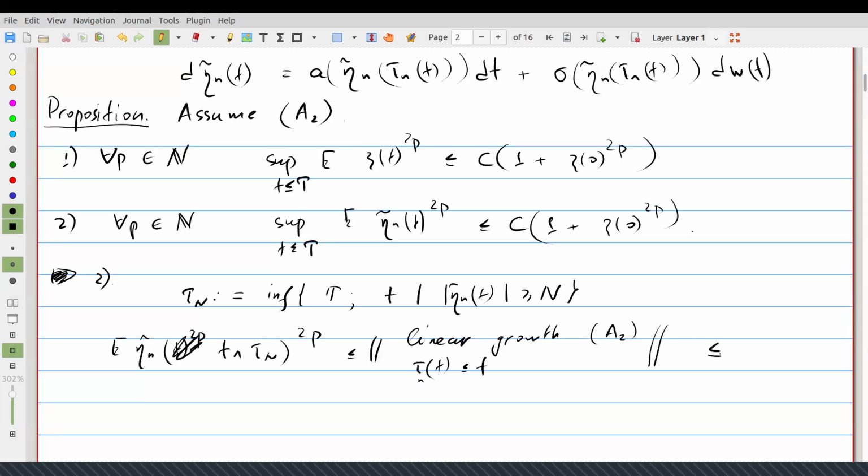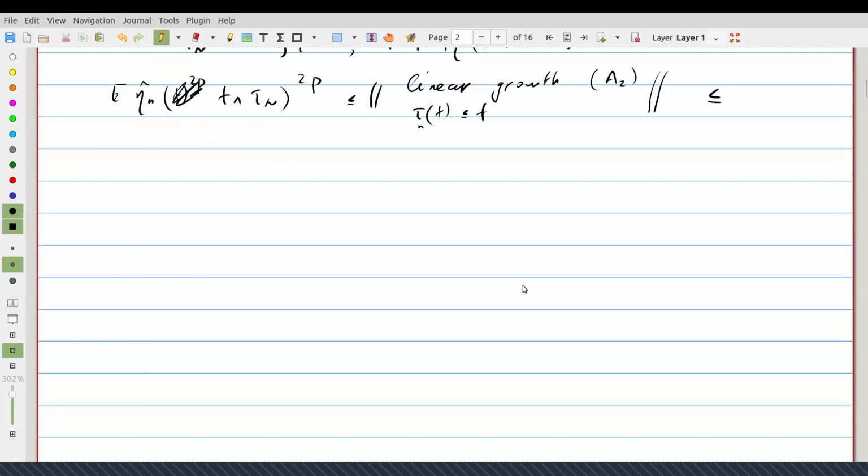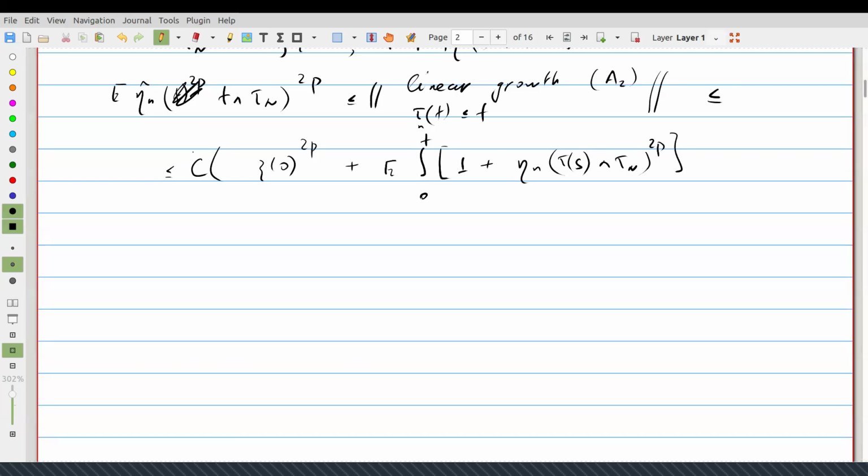So it's less than some constant. Again, it's a universal constant, the value of which can change from line to line. And this is a rough estimate. And again, if you want a really good estimate, you need to go for the Itô formula, but I am not interested in that. This constant obviously depends on T capital.